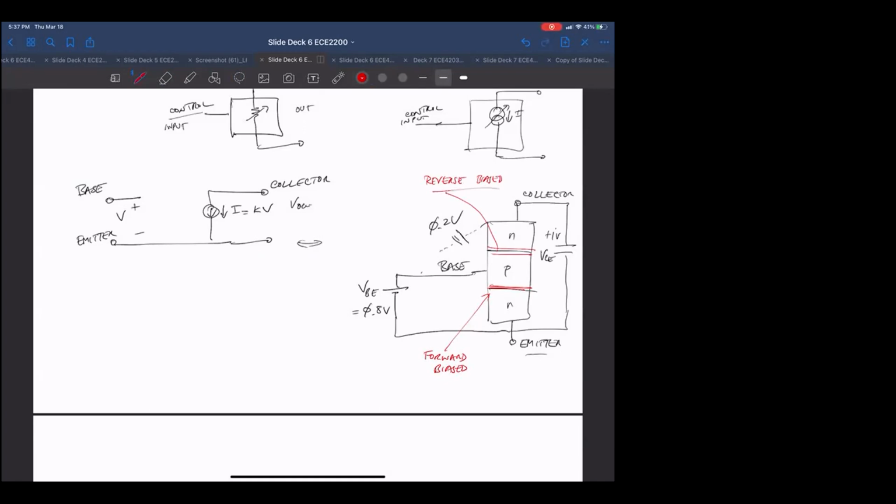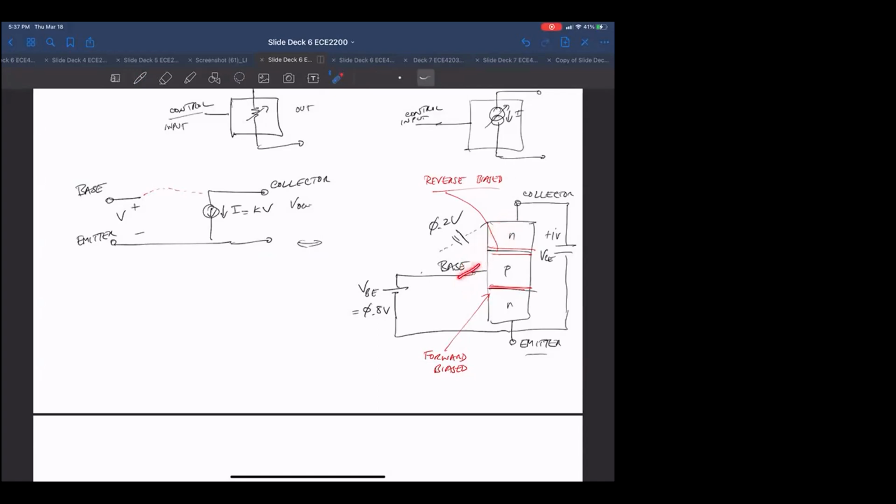And in fact, if you're looking at Kevin's actual question, why is there no connection between these two nodes? It's really because the base to collector junction is reverse biased.